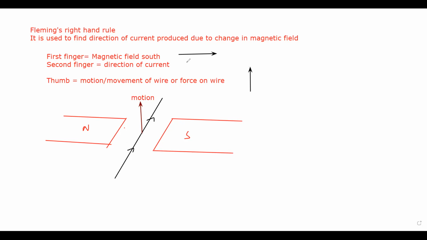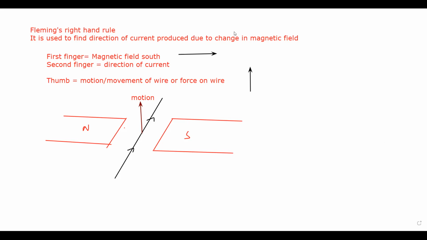Is it clear? The first finger is pointing in the direction of the magnetic field, which is towards the right hand side. Your thumb is representing the motion of the wire, which is upward, and the second finger represents the direction in which the current is induced.